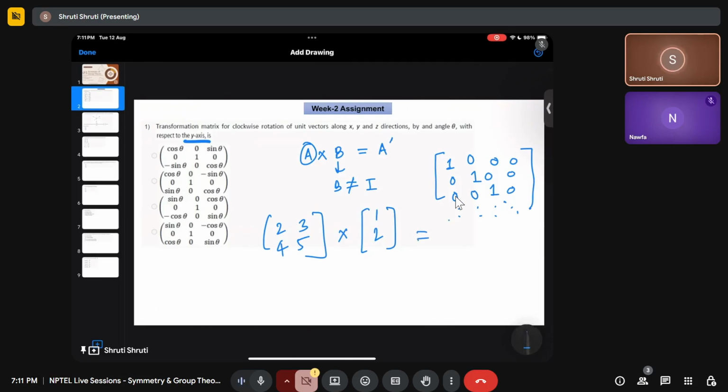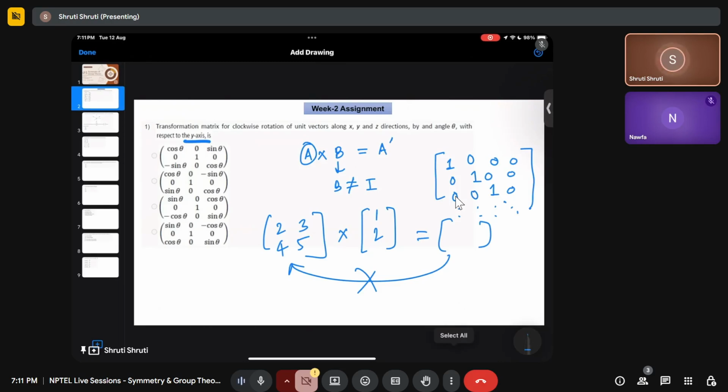The resultant will be some matrix which is not the same as this. The multiplication of this matrix on our original matrix will change that matrix.